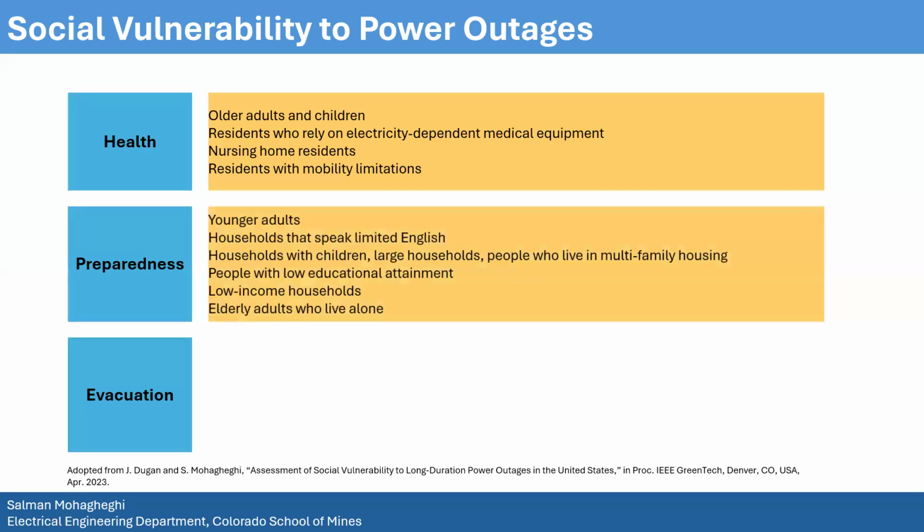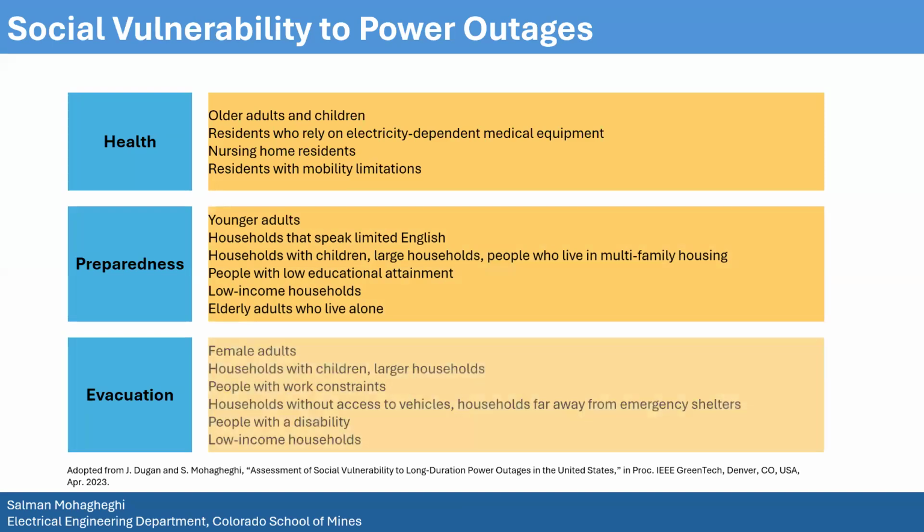And again, a study of literature shows a variety of different attributes, socioeconomic and demographic, that could result in higher vulnerability levels in this particular dimension. And lastly, evacuation considers facing obstacles when being called to evacuate due to an outage. We consider individuals to be especially vulnerable in this dimension if they intend to evacuate but do not have the means to do so.